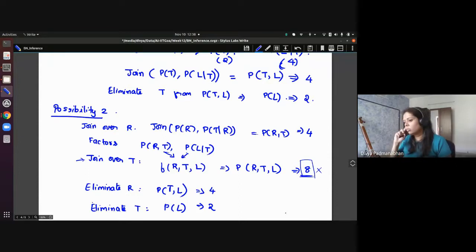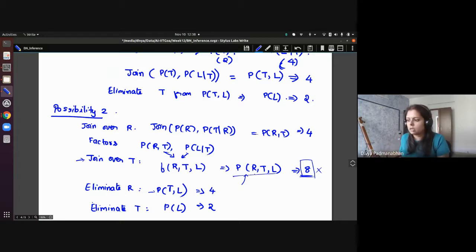Because once you have a larger factor, think of what you did when you had to do an eliminate to get this P of Tn. You had to go over these entries in this larger table and do some summations, right? If there were 8 entries here, you would have to sum up over maybe more entries.